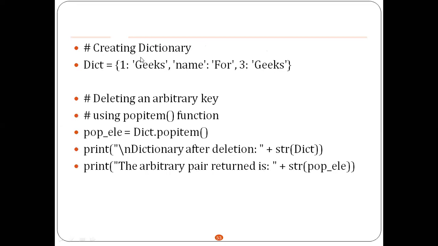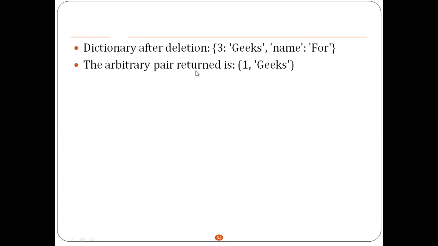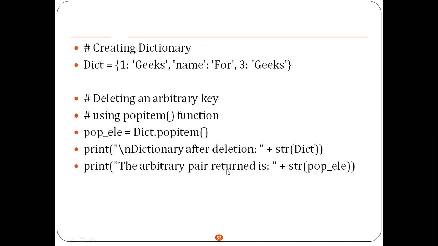So the actual pair that has been deleted is 1: gigs. That is the arbitrary pair returned, or actually deleted, 1: gigs.